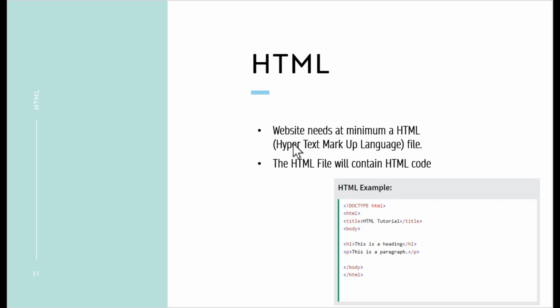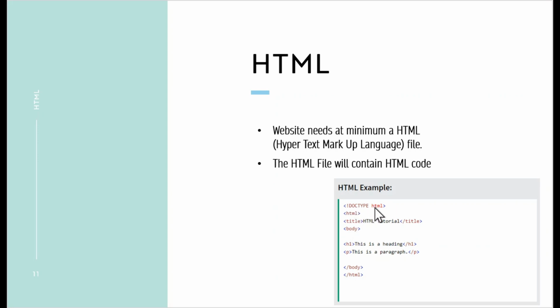So websites need at a minimum an HTML file. HTML, if we remember, stands for Hypertext Markup Language. The HTML file will contain HTML code. This is an example of just a basic HTML file. Remember, we have elements. Elements are the building blocks, if you like, of HTML. So you have doctype HTML.